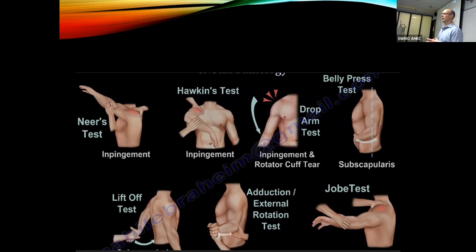You just got to move in the right direction. But that's a good way to rule in or out where the pain's coming from. Because if you do the Neer's test or the Hawkins test, those are 2 really good tests for impingement syndrome and at least rotator cuff tendonitis. You basically try and pinch the rotator cuff, right? Have you all got to do that yet on rotation with anybody?